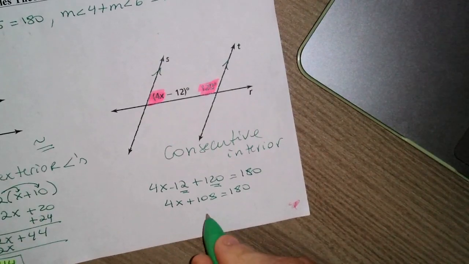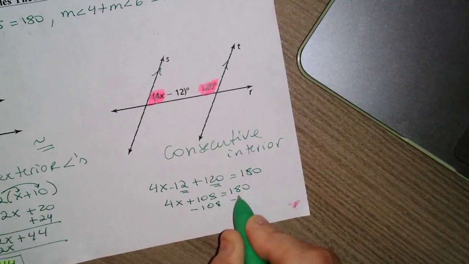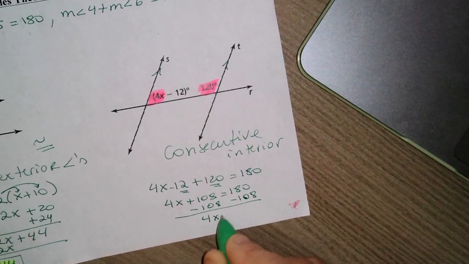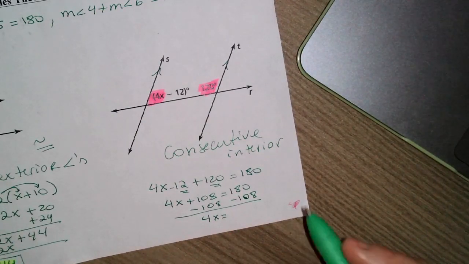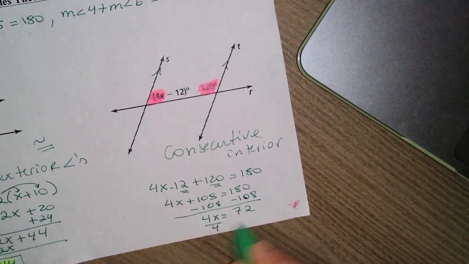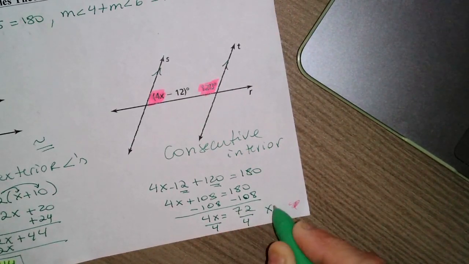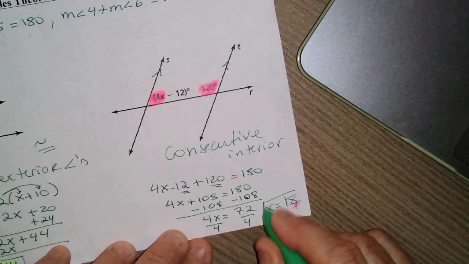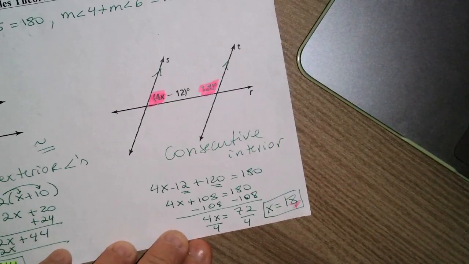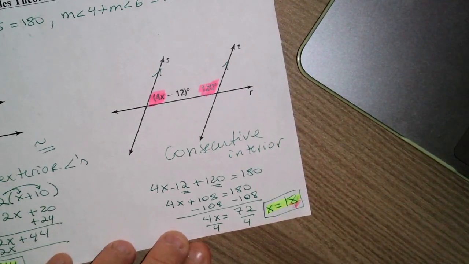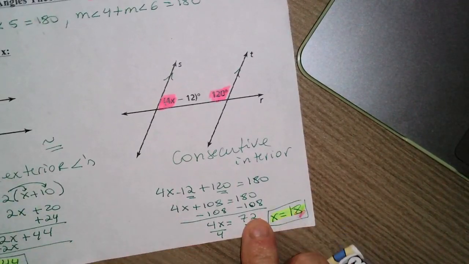Subtract 108 on both sides. 4x equals 180 minus 108, which gives us 72. When I divide by 4, I get x equals 18. Again, the question is just asking us to find x, so we find x is 18, and we are all set.